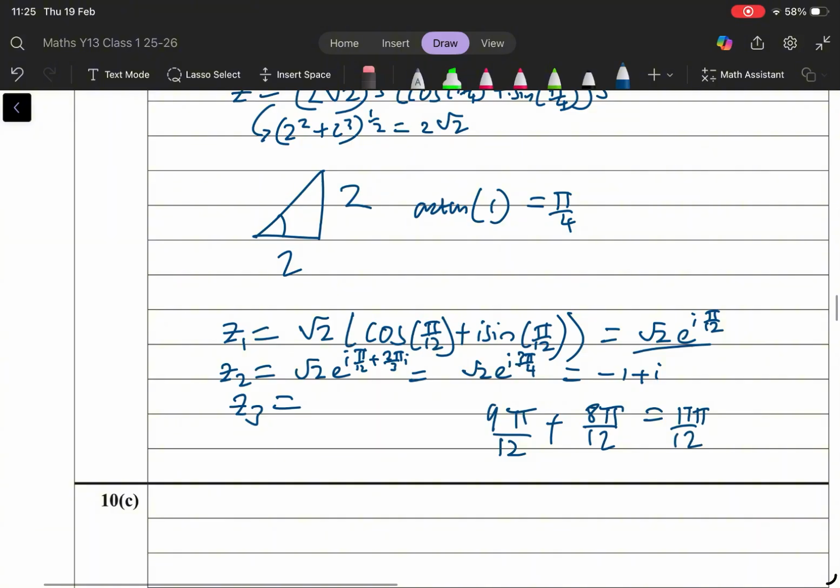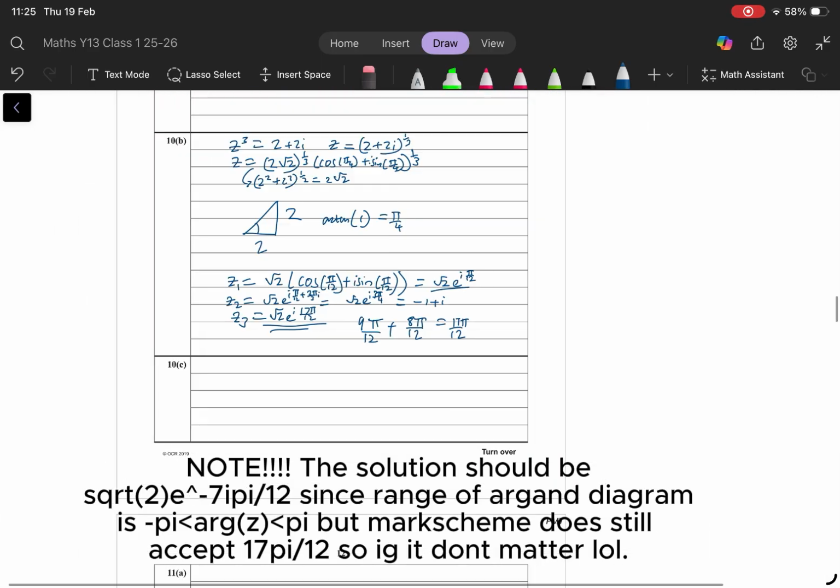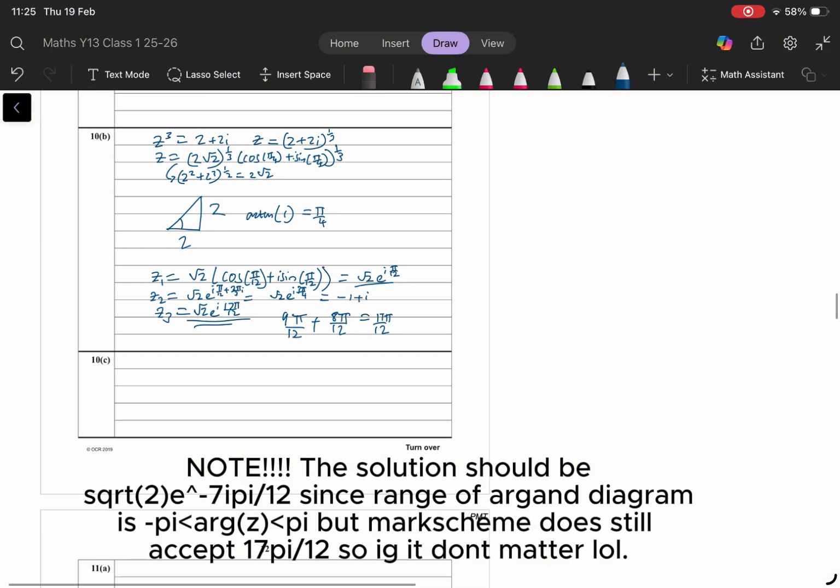So this is root 2 e to the i 17 pi over 12, which is, these are our values we want. So those are all the roots of the equation.